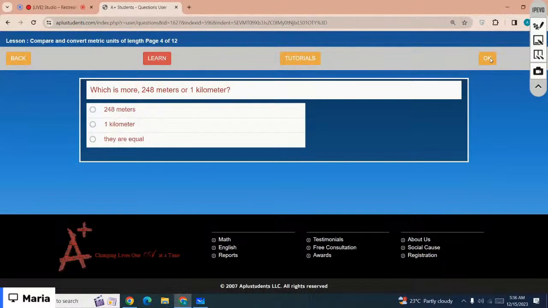Which is more, 248 meters or 1 kilometer? Which is the correct option? 1 kilometer is more because in 1 kilometer you have 1000 meters, right?